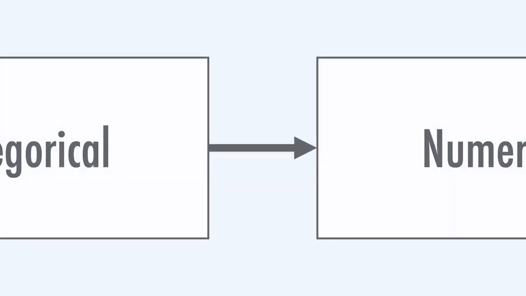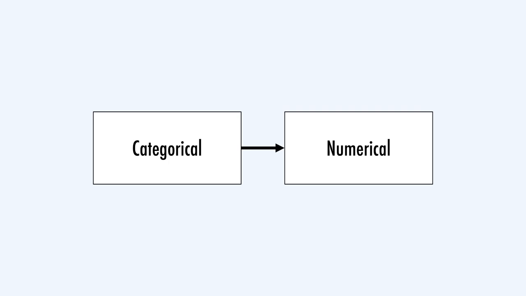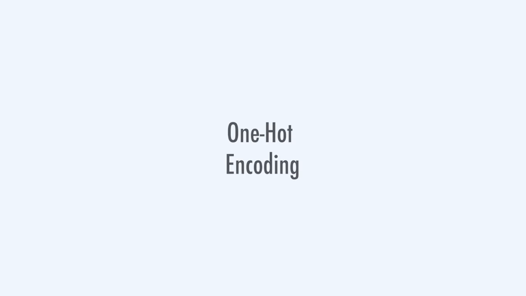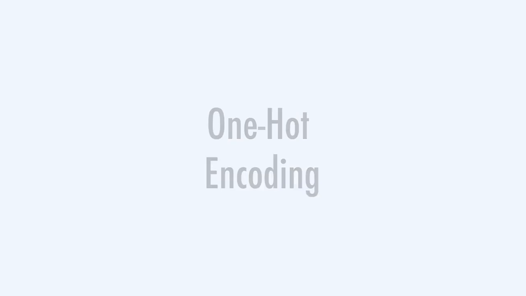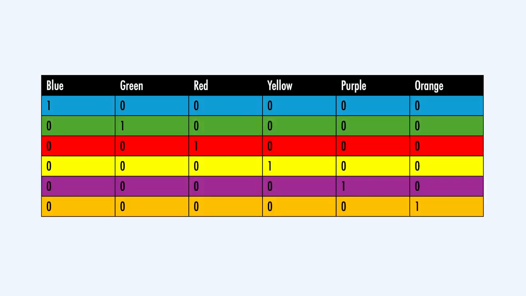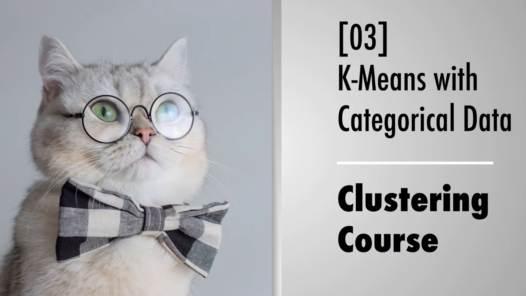When categorical data is used with the K-means algorithm, it requires converting the categories into numerical values, such as using one-hot encoding. One shortcoming of using one-hot encoding is that it treats each feature independently, and it can degrade performance since it can significantly increase data dimensionality. We have another video dedicated to this important topic that you may want to check.